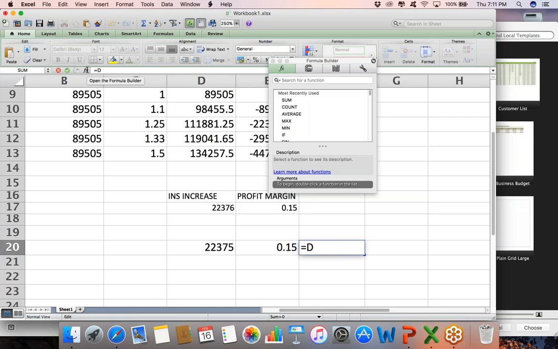Just so you know what I'm doing, 22,375 divided by 15 is 1,491. That's 1%. And all I'm doing, for anybody who doesn't know what I'm doing, is taking that 1,491 and multiplying it by 100%. I'm dividing by 15 because we have a 15% profit margin.